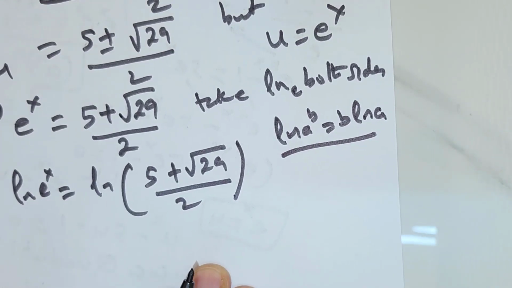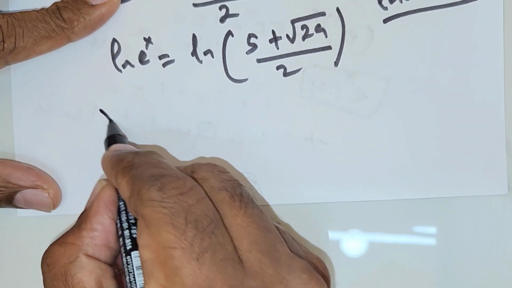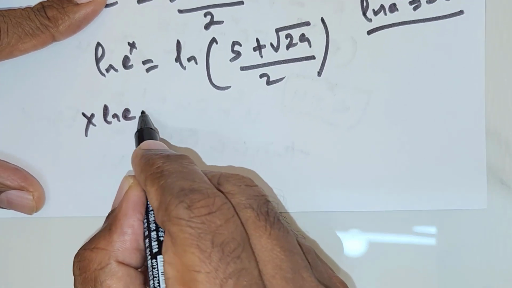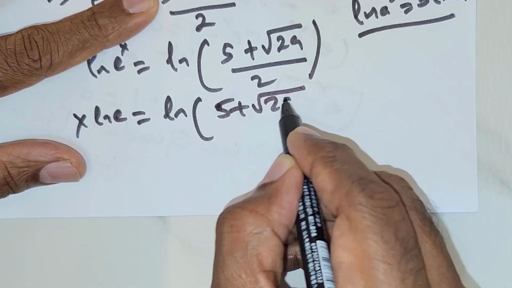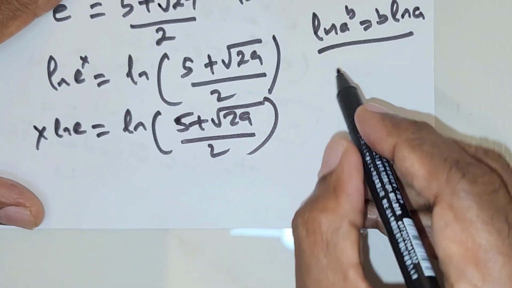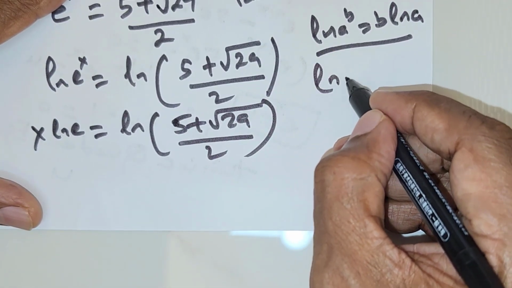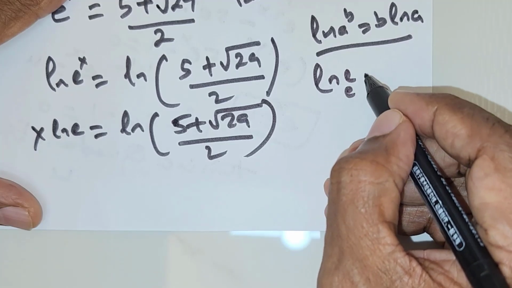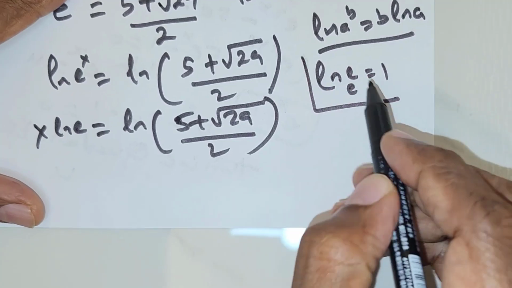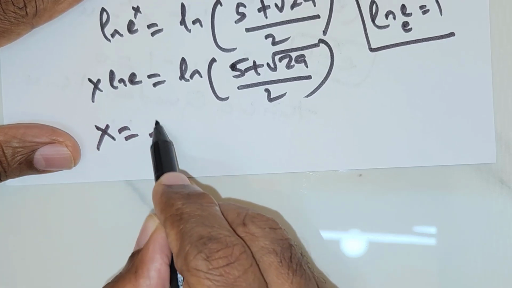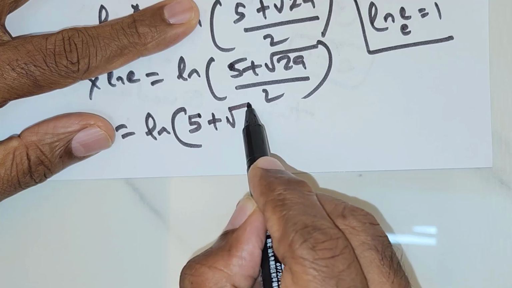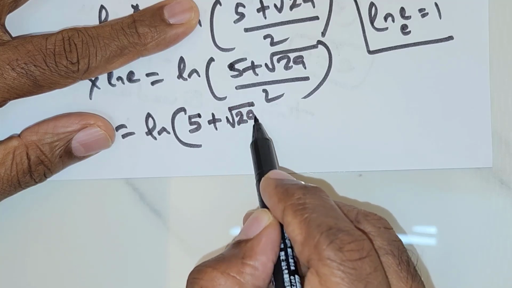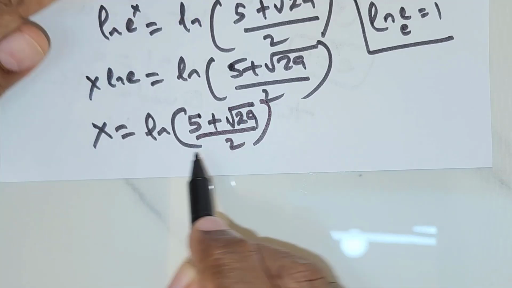So by that formula I now have x ln e = ln((5 + √29)/2). Now there is another formula which states that ln e, this is already to the base e, is equal to 1. So by that formula you have x = ln((5 + √29)/2). So this is the value of x.